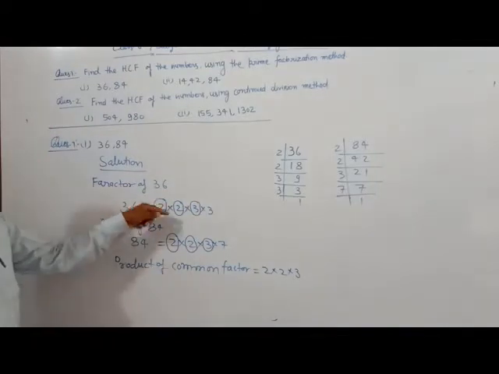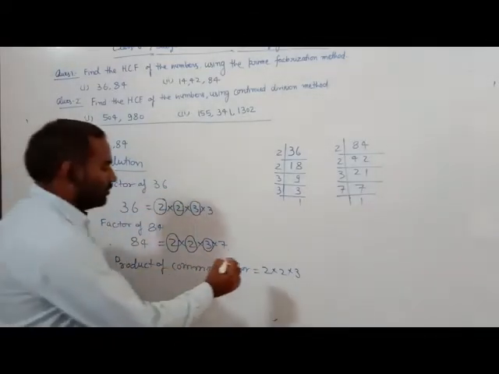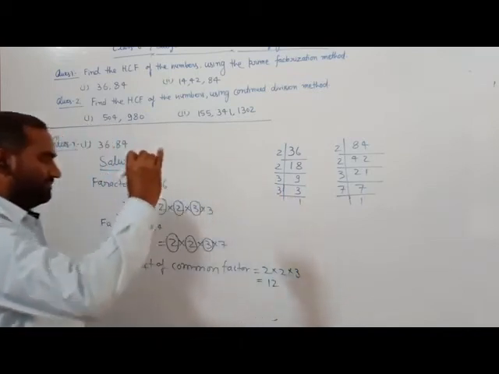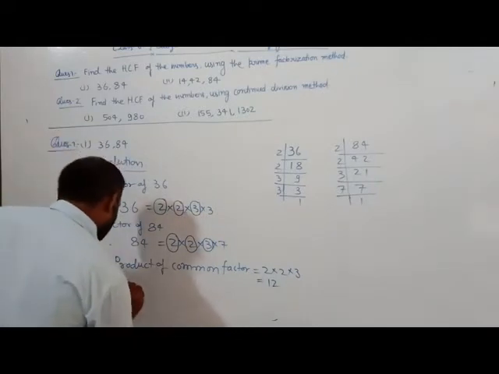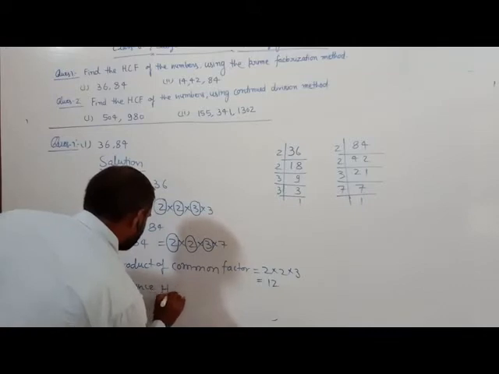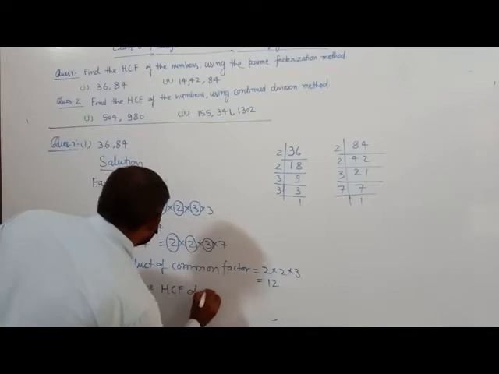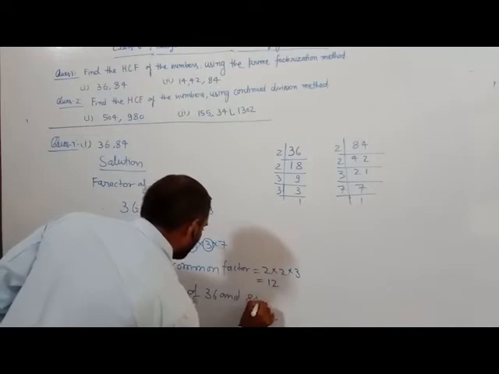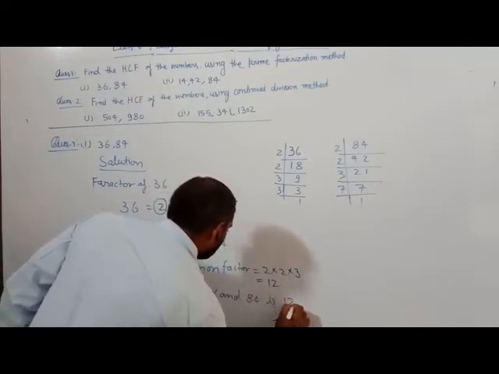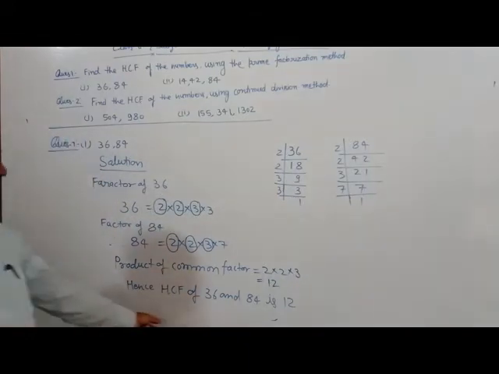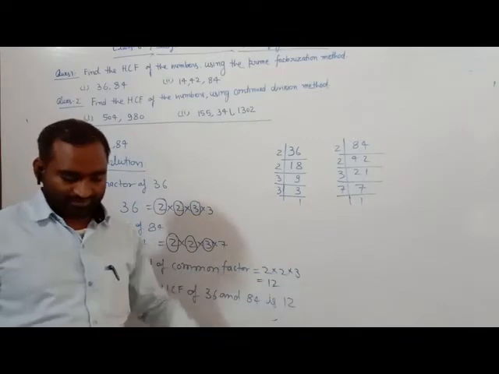Write only what matches in both. 2 twos are 4, 4 threes are 12. So hence the HCF of 36 and 84 is 12. In this way, you can find the HCF by the prime factorization method.